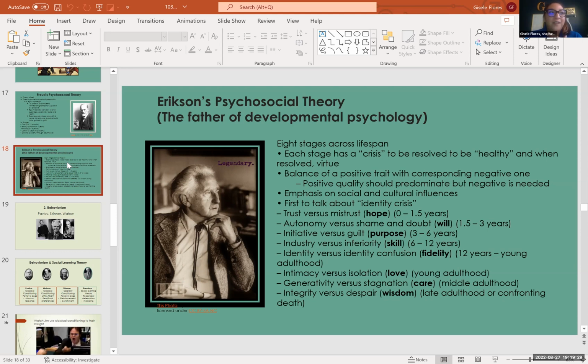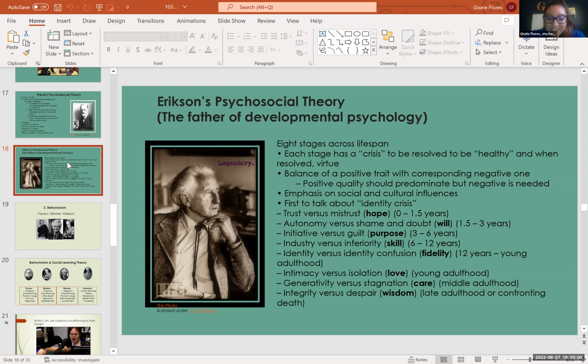So they might experiment with how they look. They might experiment with their interests. This is really a stage in their development where they're really coming into their own and really trying to know their identity and be confident in their identity. And if they are met with support and understanding and empathy, then they have this virtue of fidelity.